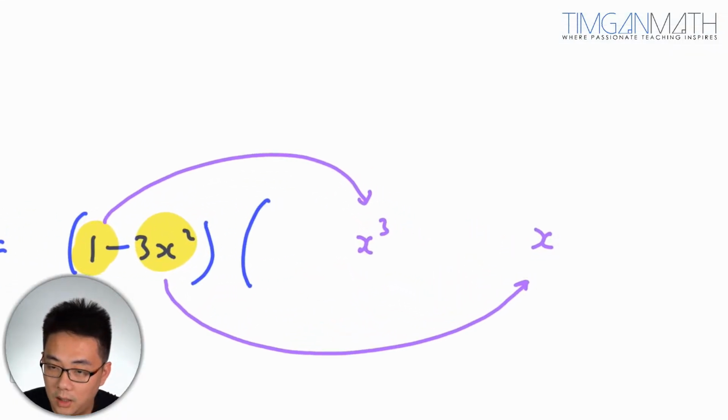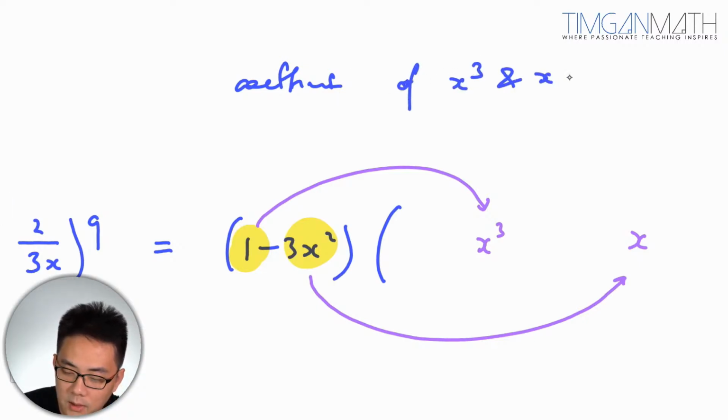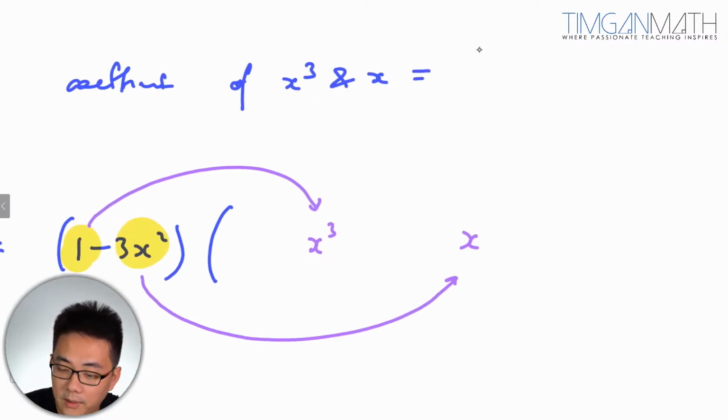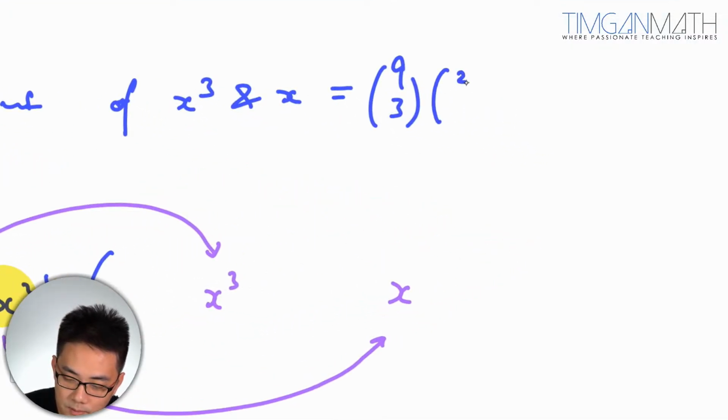The coefficient of x cubed and x have the same value, so it's 9 choose 3 times k to the power of 3, which is 2/3 cubed.